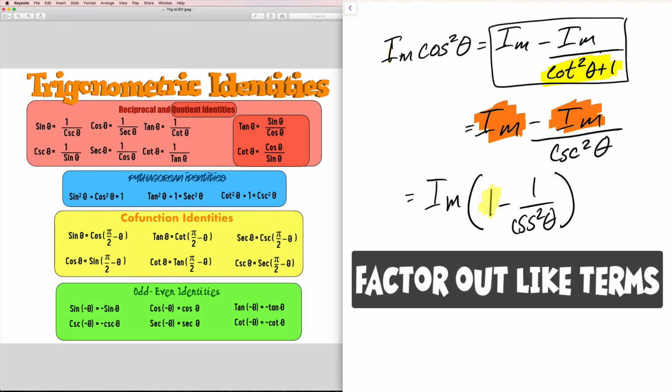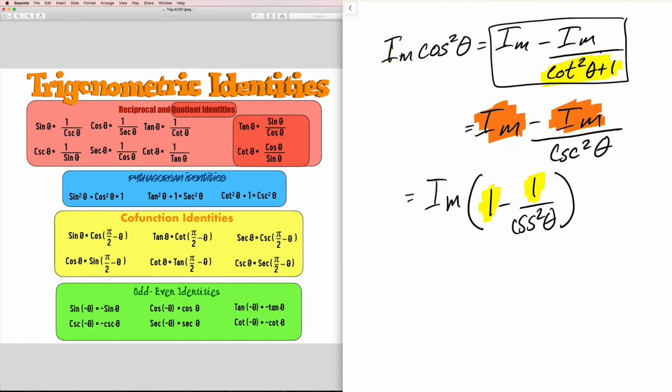So you'll notice that everywhere I have a 1 here, that is where I used to have an I sub m. I've just extracted that term out. And let's see, what can I do next? I notice here, this is a reciprocal property, cosecant, because 1 over cosecant theta equals sine theta.